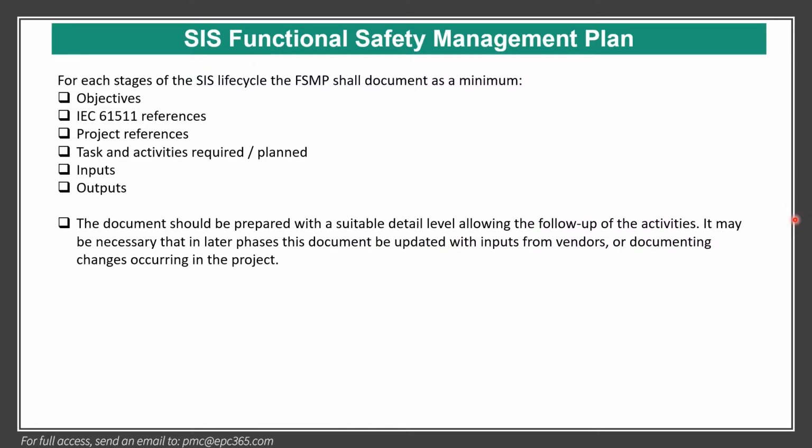The document should also be prepared with a suitable level of detail allowing follow-up of the activities. It may be necessary that in the later phases, this document should be updated with input from vendors or documenting changes occurring in the project.